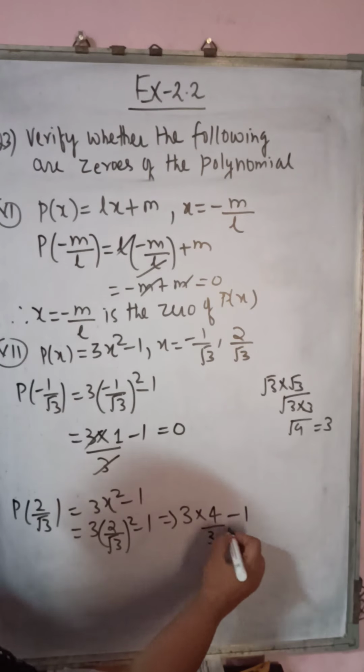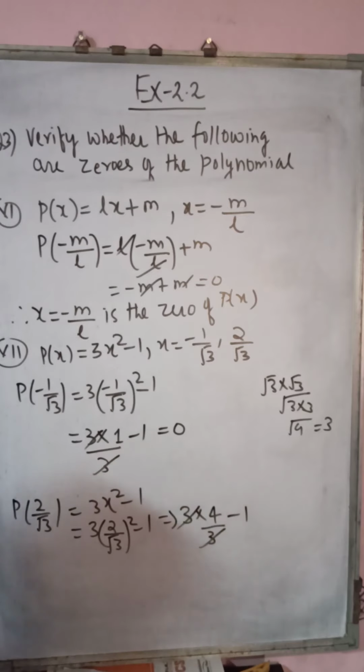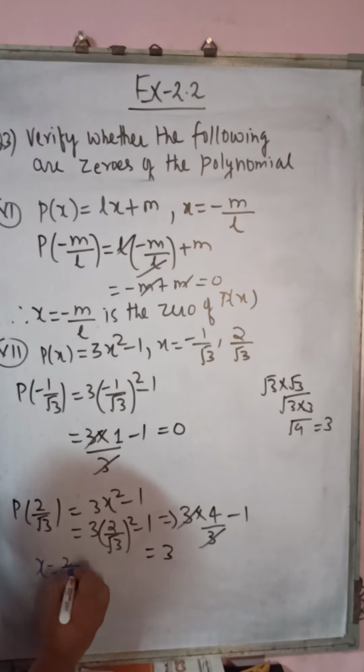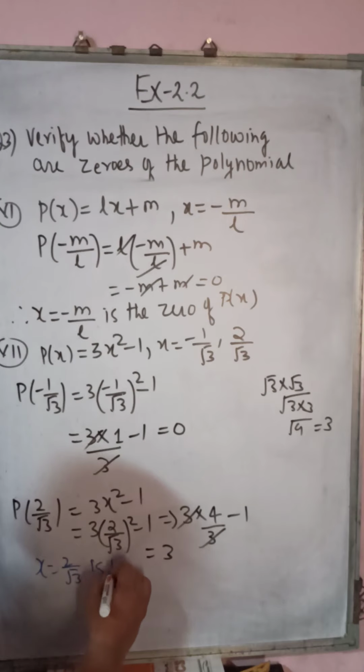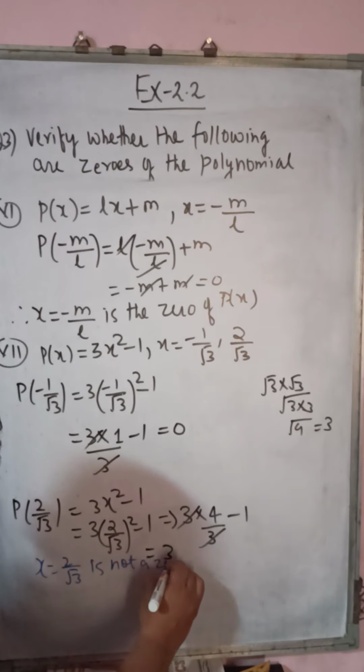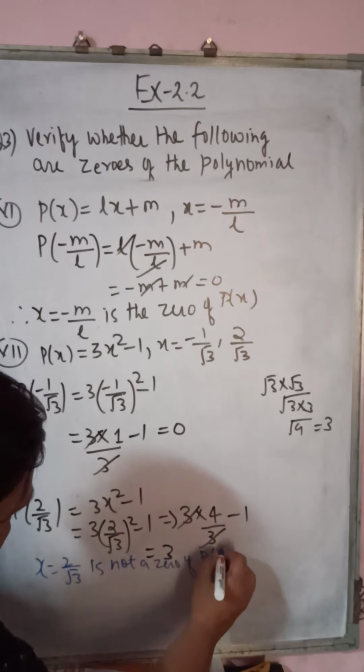Again 3, minus 1. So here this 3 in the numerator and denominator can get cancelled, and 4 minus 1 is 3. So here you can write that x equals 2 by root 3 is not a zero of p(x).